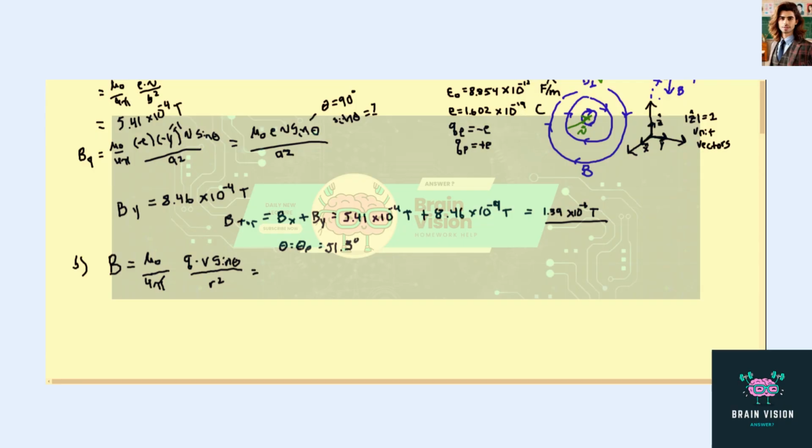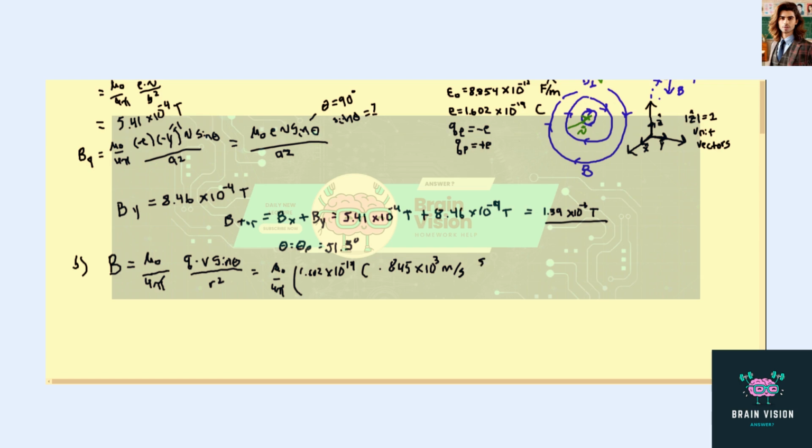So knowing this, we can put this as mu naught over 4 pi, and then what we have here is 1.602 times 10 to the minus 19 C times our velocity, which was 845 times 10 to the 3 meters per second.